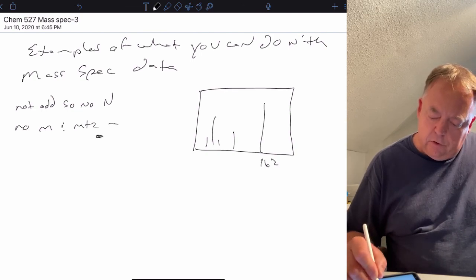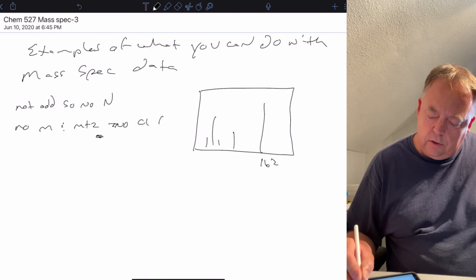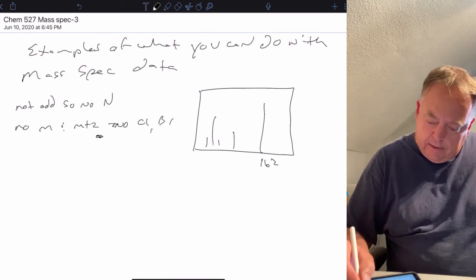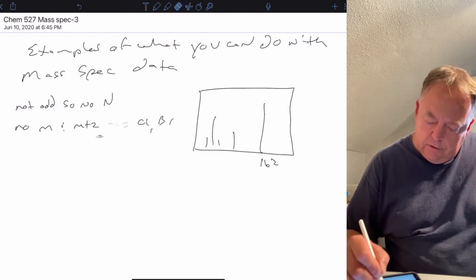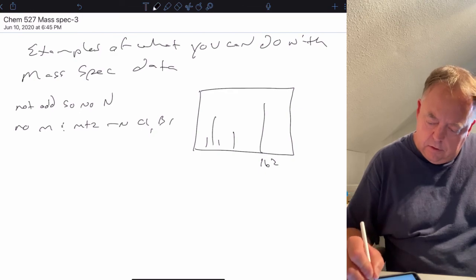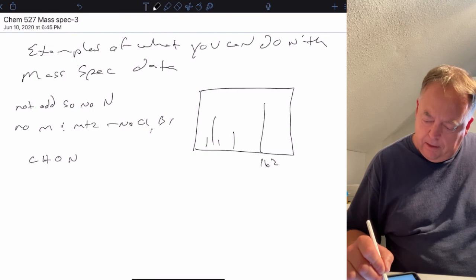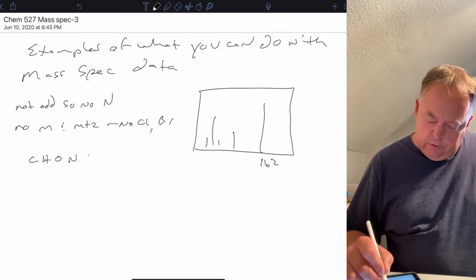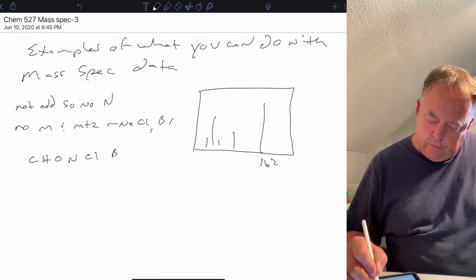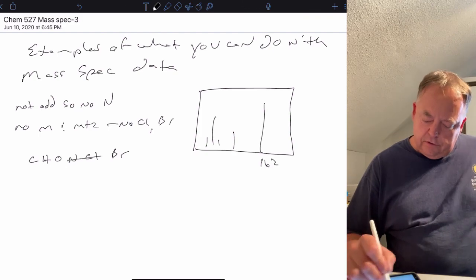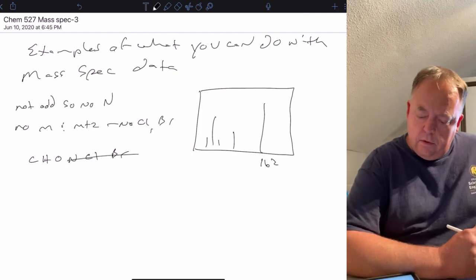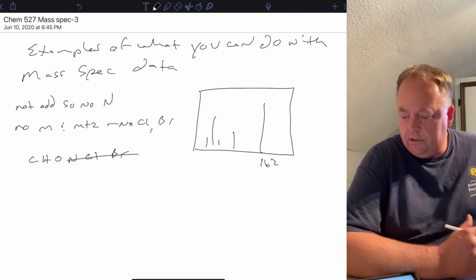That means there's no chlorine or bromine. Since we're only working with molecules that have carbon, hydrogen, oxygen, nitrogen, and what else do we say? Chlorine and bromine. If there's none of those, then you only have to worry about carbon, hydrogen, and oxygen.